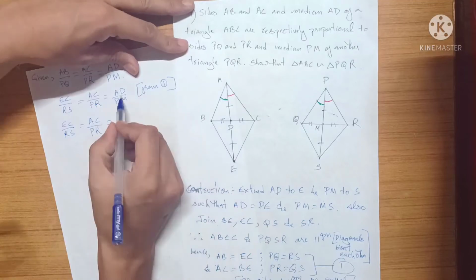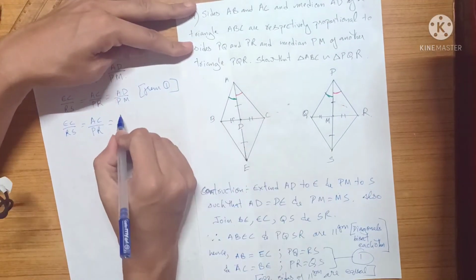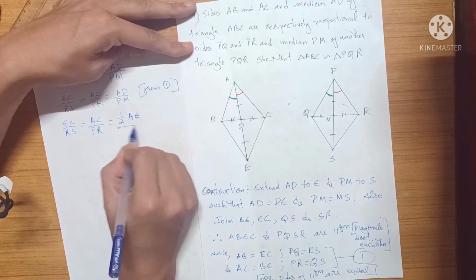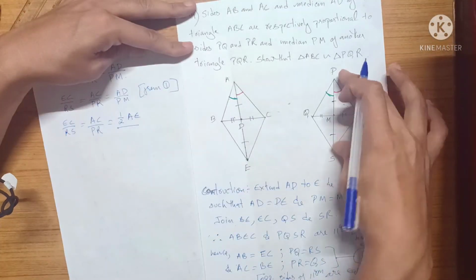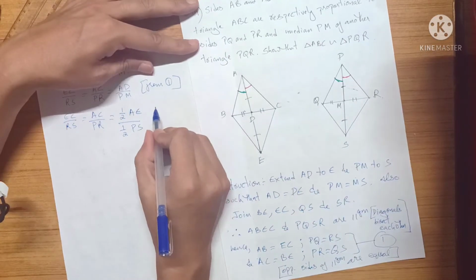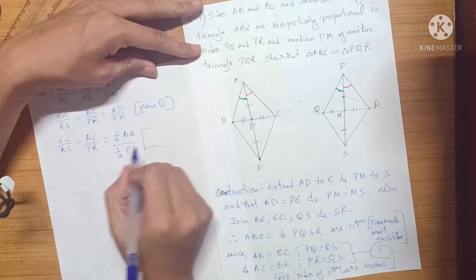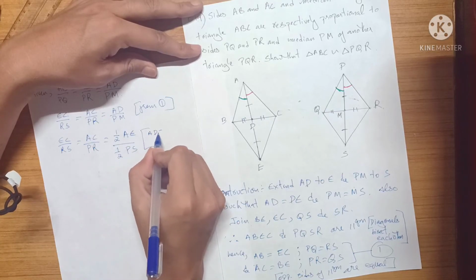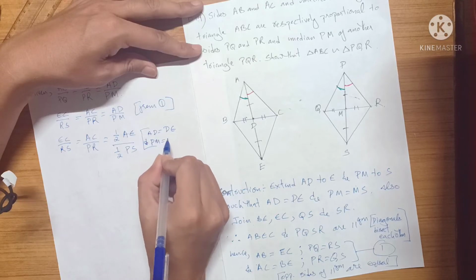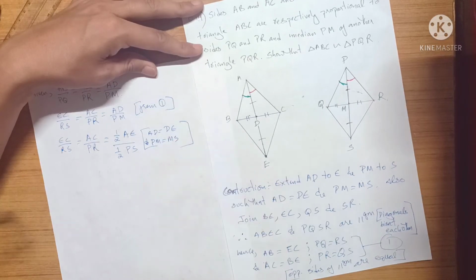So I can write AD as half of AE, right? So half of AE divided by PM, I can also write half of QPS. The reason is AD is equal to DE and PM equal to MS.